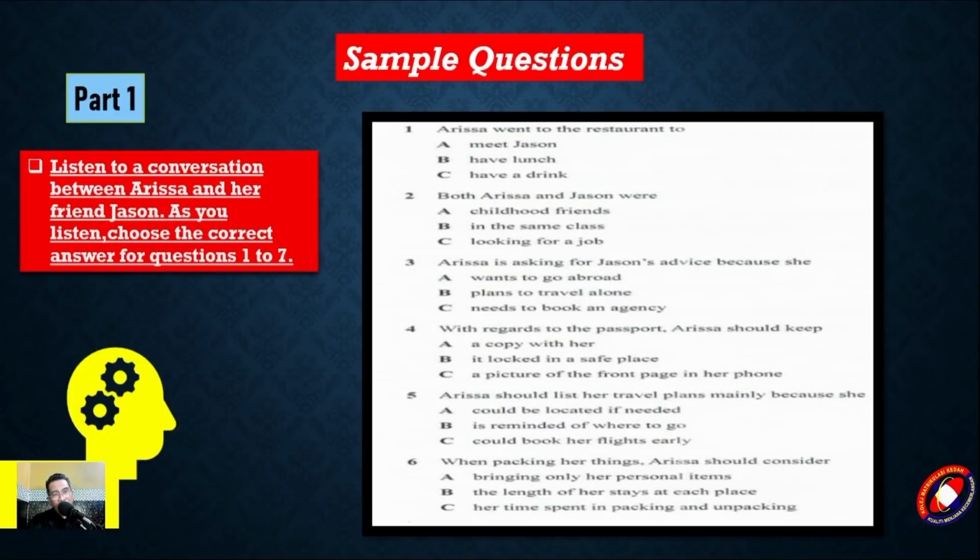Alright, just to give you an idea, we look at the sample question of Part 1. There are altogether 7 questions. The instruction or the rubrics are quite straightforward. Listen to a conversation between Arisa and her friend Jason. Okay, as you listen, choose the correct answers for question 1 to 7.